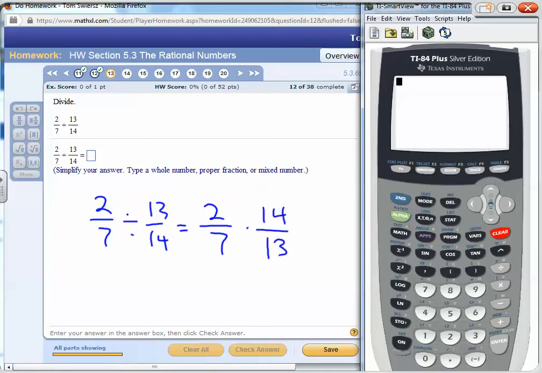Now again, it's the product of the numerators over the product of the denominators, but we can reduce. 7 goes into 7 once, 7 goes into 14 twice. Nothing else reduces, so the numerator is 2 times 2, which is 4. The denominator is 1 times 13, which is 13. So our answer is 4 over 13. Again, you multiply by the reciprocal of the second number.